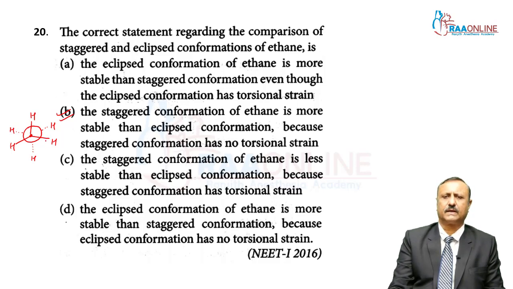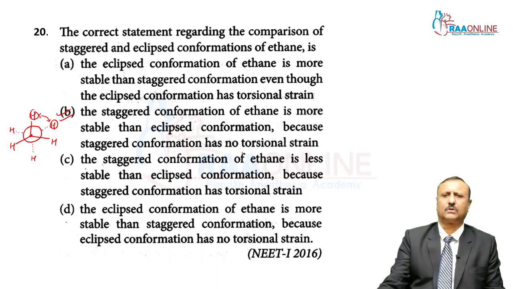So, my dear student, the staggered conformation is more stable than the eclipsed because in the eclipsed form, this hydrogen atom and this hydrogen atom are close to each other. This hydrogen atom is behind this hydrogen atom, so electron repulsion is present between the hydrogens. So the eclipsed form is less stable and the staggered form is more stable.